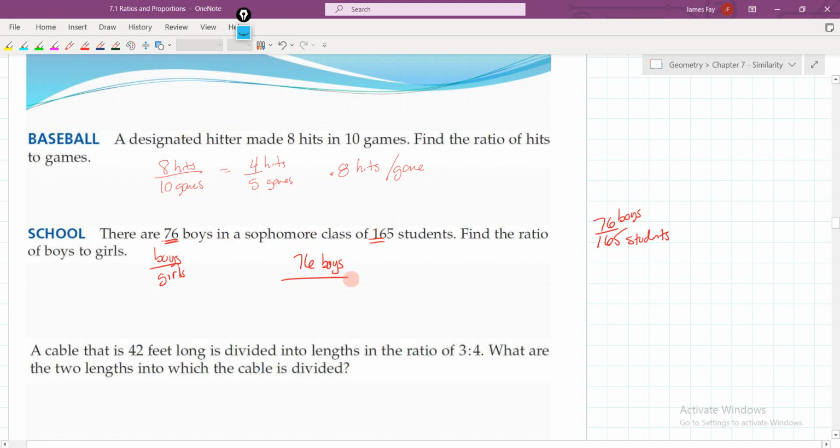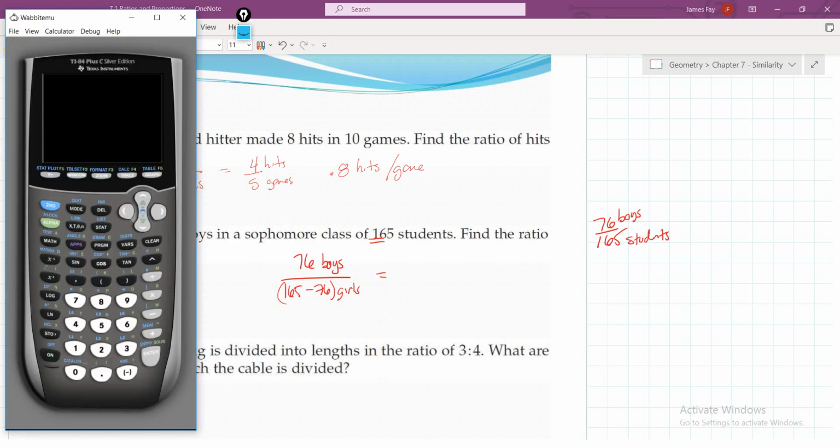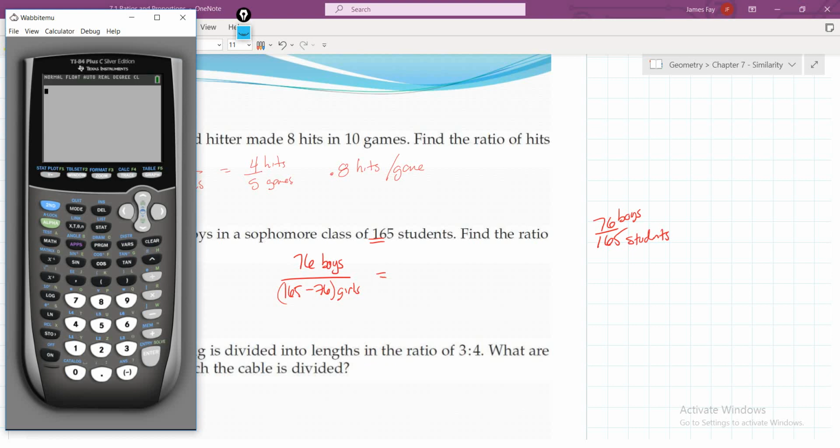Well, if I've got 76 boys and 165 students, I'm going to have 76 boys on top, and on the bottom should be 165 students minus the 76 boys. If I do that difference, won't that tell me the number of girls that I have? So 165 minus 76, so 89.